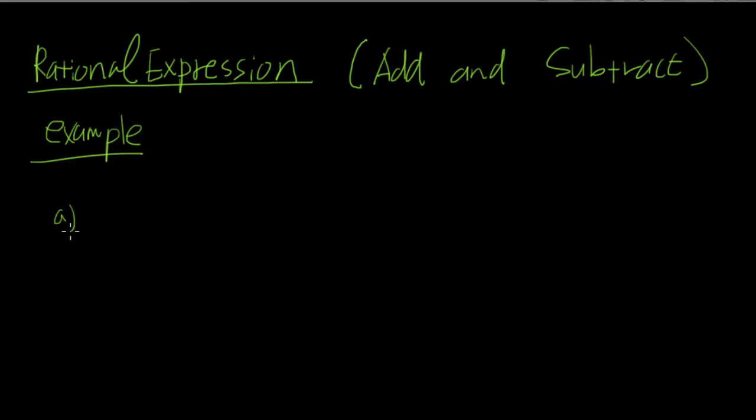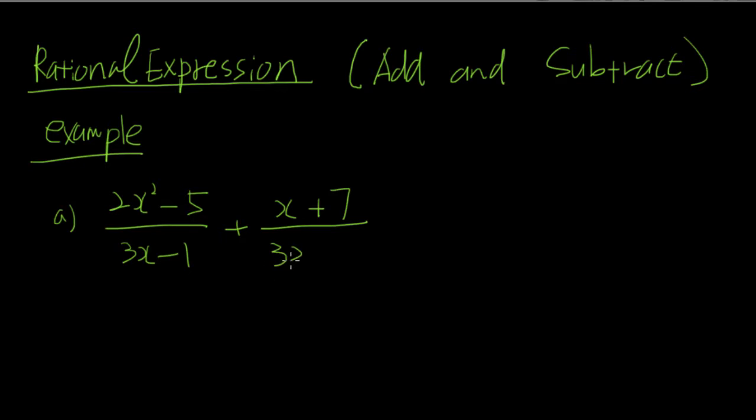Let's say we have (2x squared minus 5) over (3x minus 1) plus (x plus 7) over (3x minus 1). Now, as you can see, we have the same denominator, a common denominator.